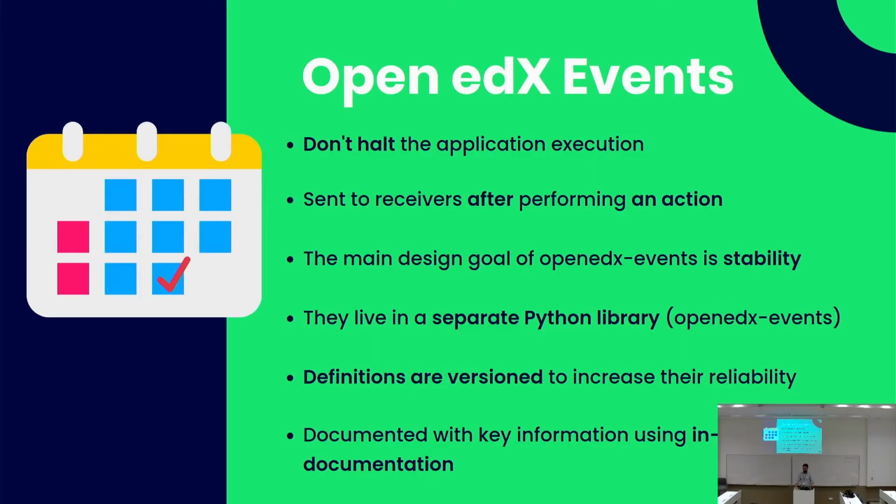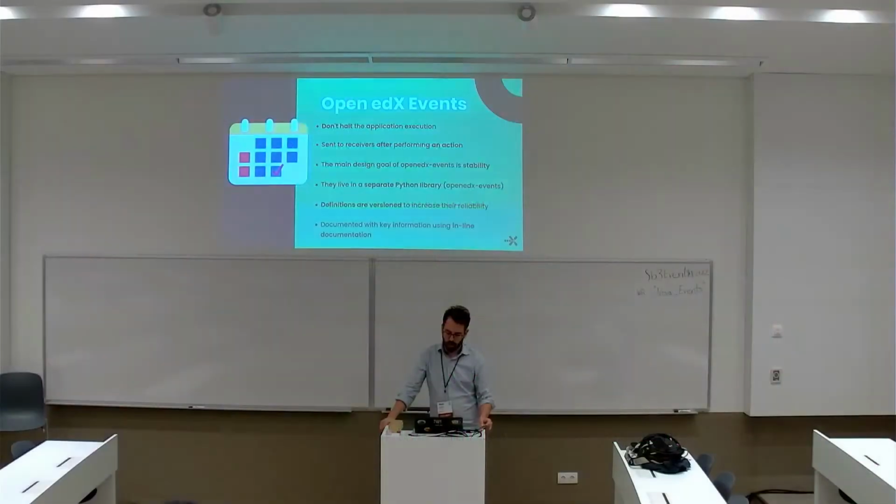When we're talking about events, this is like broadcasting. Events don't halt the application. The application will not wait for the event to happen. It just happens. Events normally happen after an action. So the student registering, that's an event. And their main goal is stability.